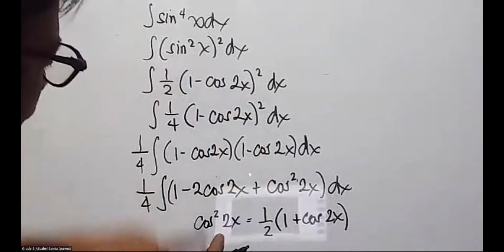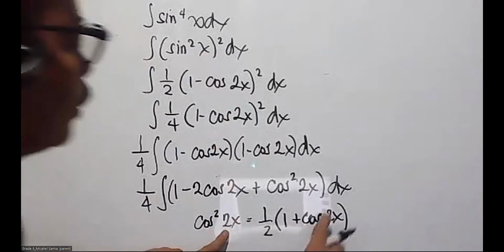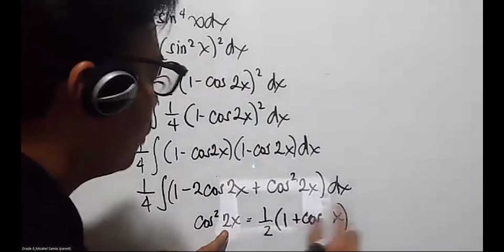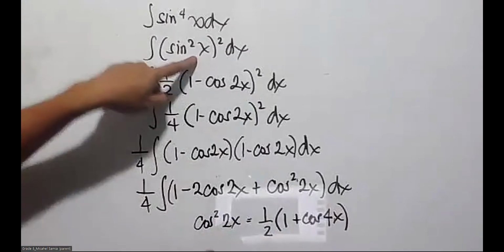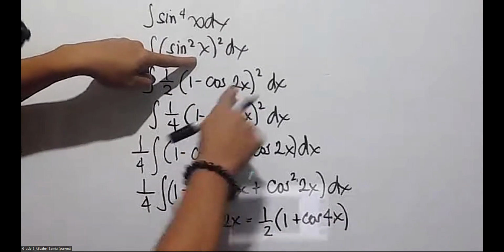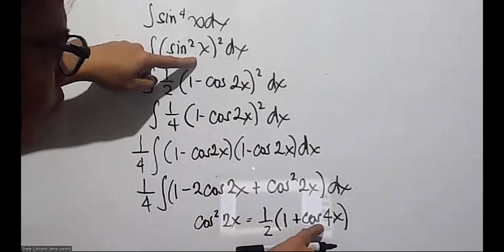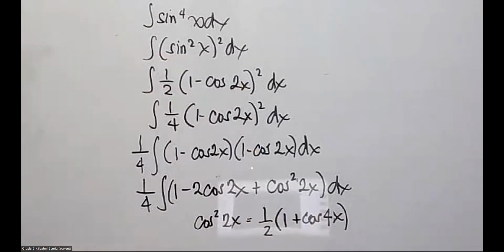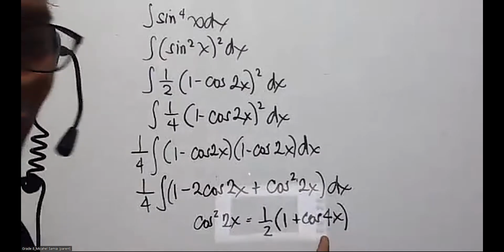Now in this case, it is cosine squared 2x, therefore the angle is multiplied by 2, so this will become 4x. Hopefully that's clear. If it is sine squared x, then it is cosine 2x. Now here it is 2x, therefore you multiply 2 to the value of cosine 2x. Therefore, it becomes 4x. Okay, so that's how it became 4x.